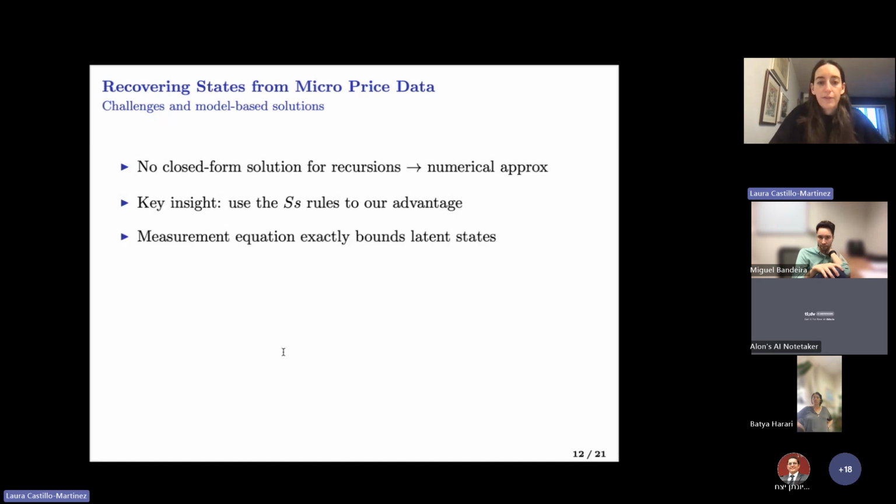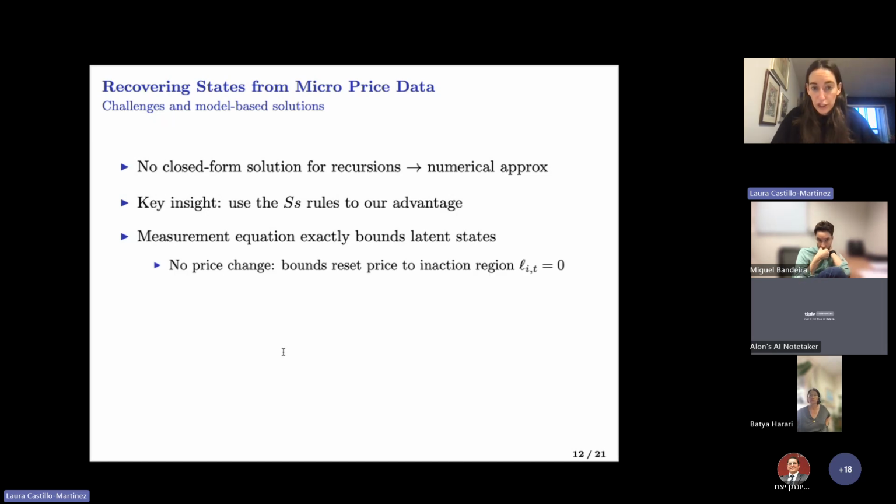Let me explain a little bit of how this works. So suppose we look at the data and there's no price change. What do we know? What do we learn from that? The first thing that we learn is that the firm did not receive a free adjustment opportunity, right? Because otherwise it would have changed its price. So that's the first thing we do. We eliminate the possibility that LIT is equal to 1. But then what happens to the reset price?